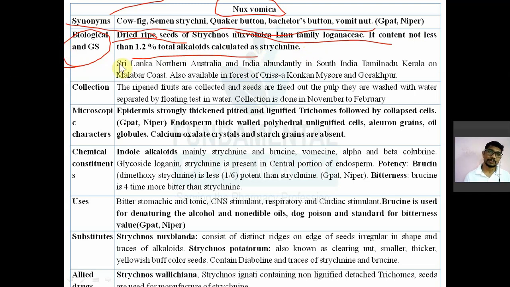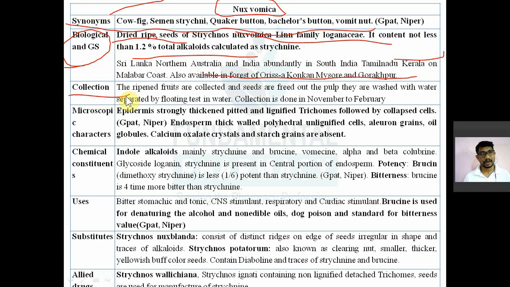Now this plant is found in Sri Lanka, northern Australia and India. In India, it is abundantly found in the southern part of India, Tamil Nadu, Kerala, Malabar coast. Also available in the forests of Odisha, Mysore, Gorakhpur regions. Collection: this plant is collected by local tribes.